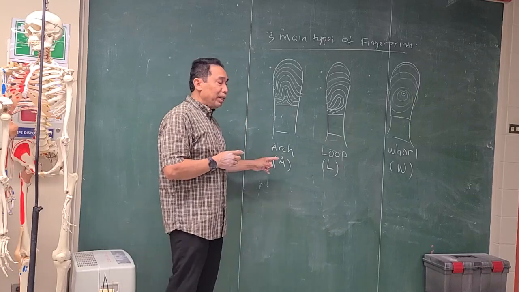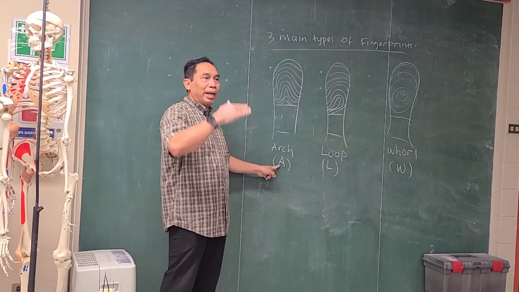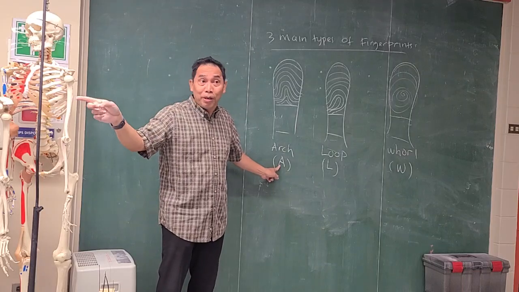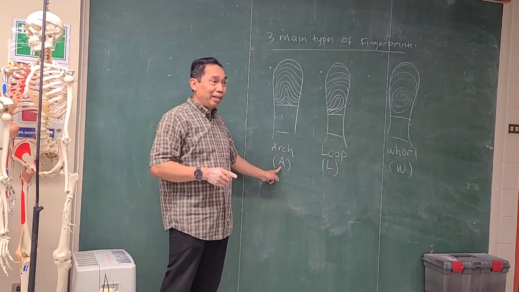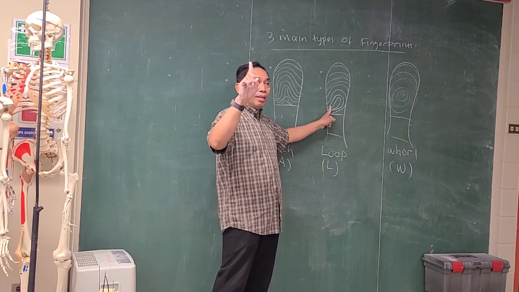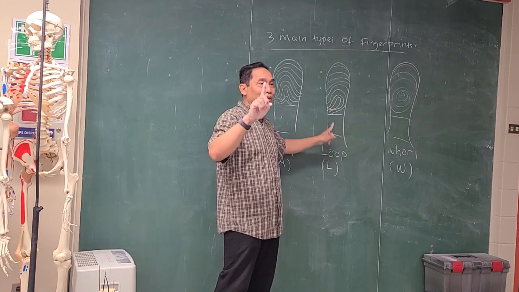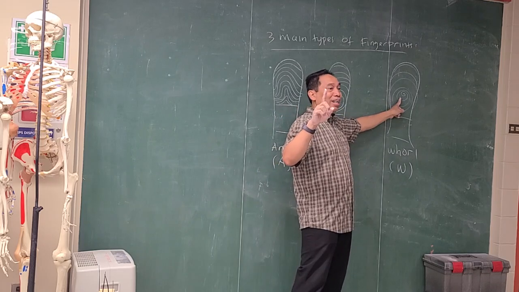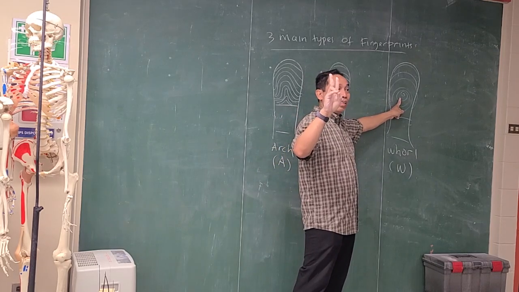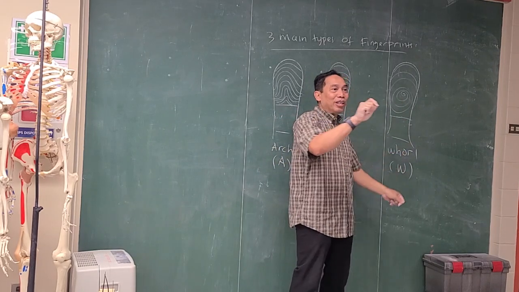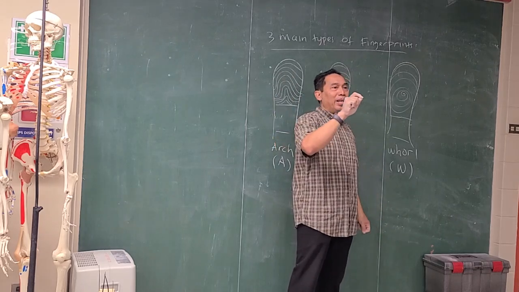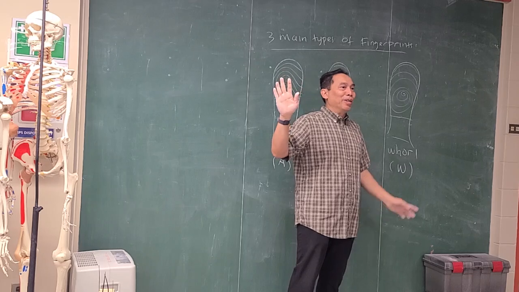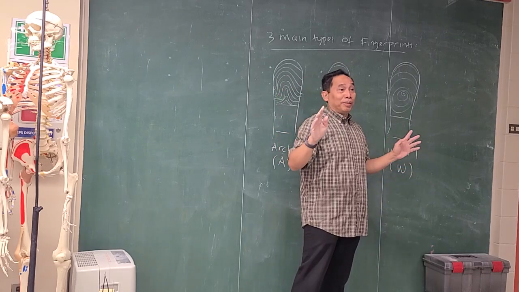If your fingerprint is an arch, then put A. Draw your fingerprints in the box and put the letter A. For the second one, let's say this is another arch, then you put another A. The next one, you have another arch, the third finger, then you put A again. So you're going to see your formula, whether you are AA, WL, or maybe you're just loopy people, all L. We don't know. It's up to your fingers.